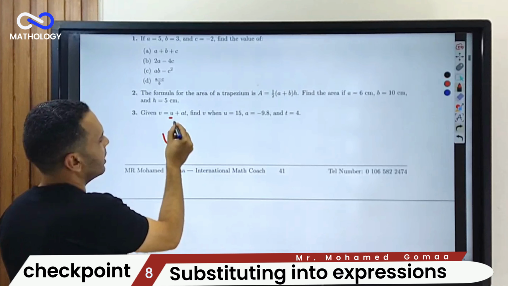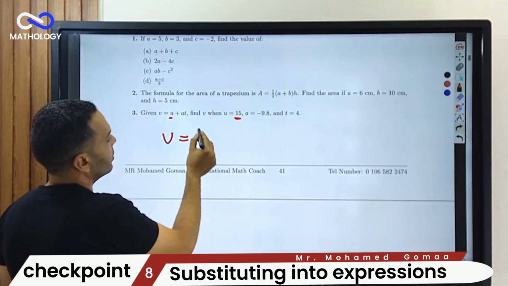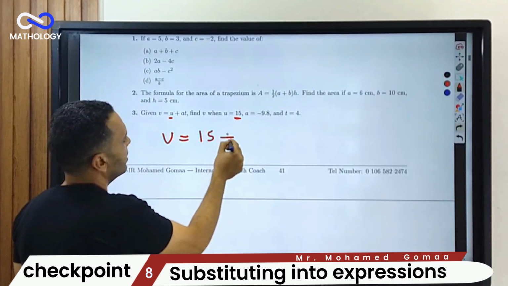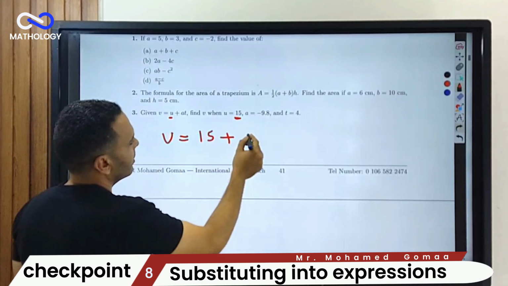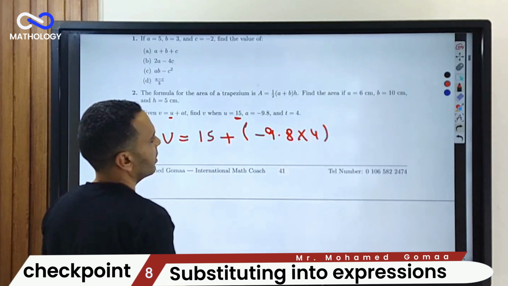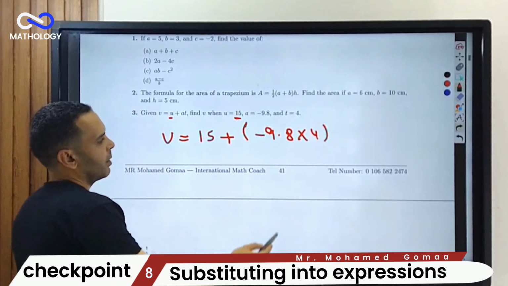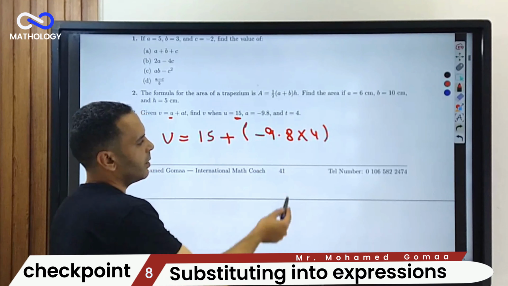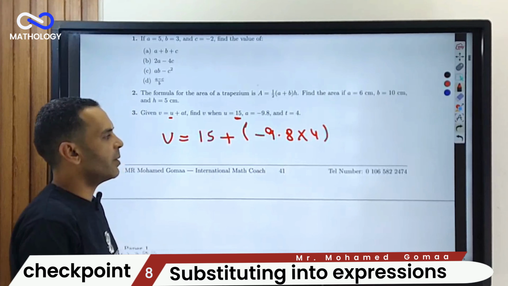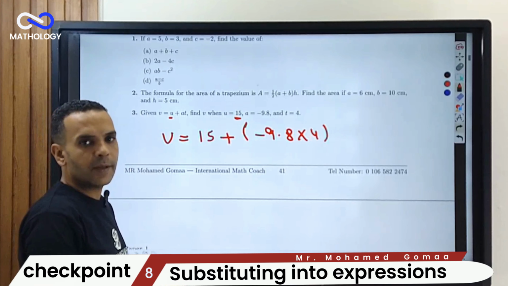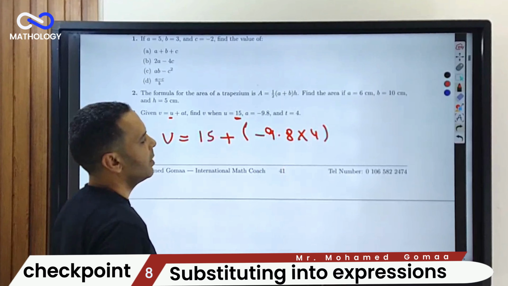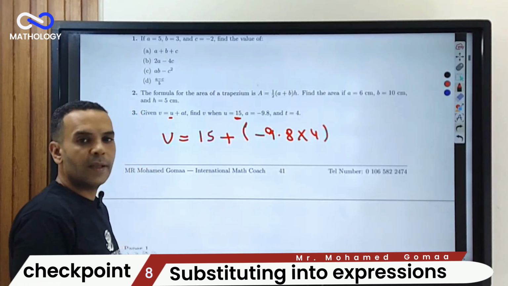V equals, substitute 15 for u, it will be 15 instead of u, plus a multiplied by t, a which is -9.8, multiplied by t, which is 4. Okay, the order of the operations: perform the operation inside the bracket, or perform the multiplication operation first before you perform the addition operation. First, multiply -9.8 by 4.